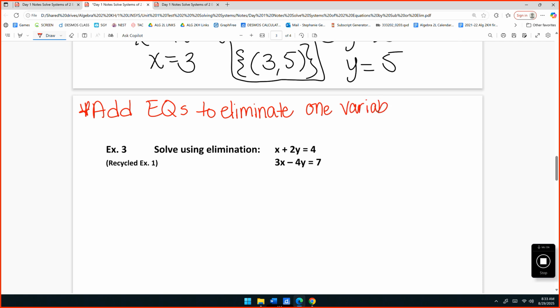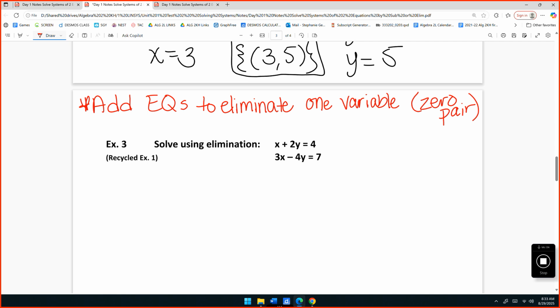In other words, what we're trying to create is a zero pair. That's how things get eliminated in math, right? We make a zero pair. So if elimination is what you're doing, you're looking for which variable you can most easily make a zero pair. Right now, if I add these together, nothing is eliminated.